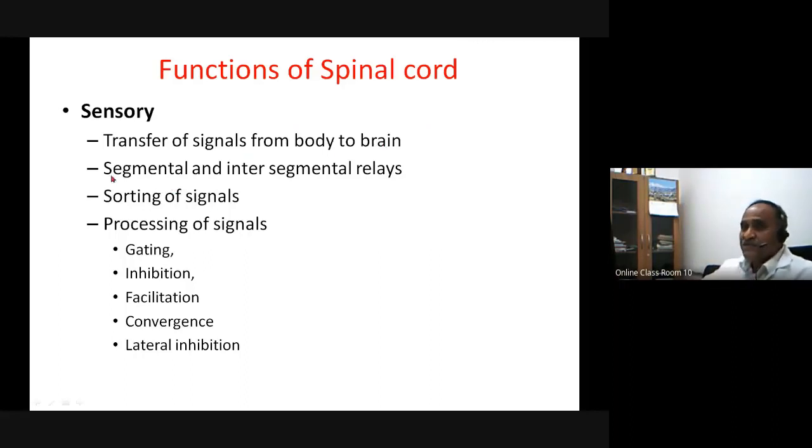That is now. So because while transferring, it will talk to the neighbors. That means the one segment up and one segment down. That means there are intersegmental and segmental communications, because it talks to others. It talks to these neurons which are coming up, have synaptic contacts with the neighbors, and the ones which are situated above the segment or below the segment.